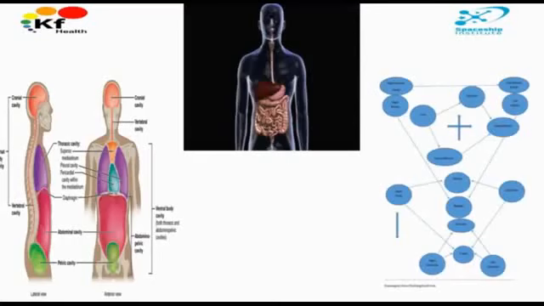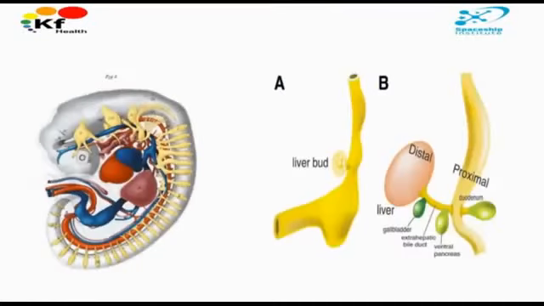The next slide is the embryology of the liver. In the embryo, as you see, in the 36th week of embryo development the liver appears on the foregut tube. On the left side you see the origin place of the liver and heart, which are very close to each other.